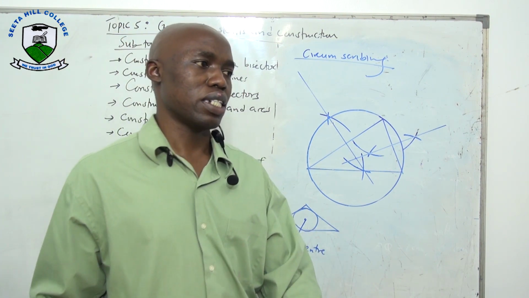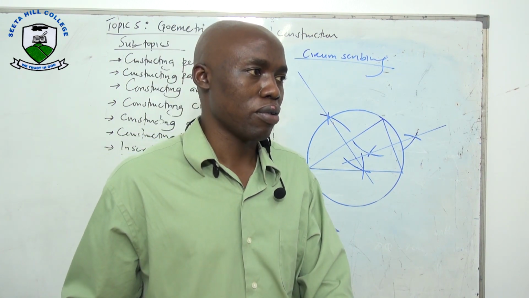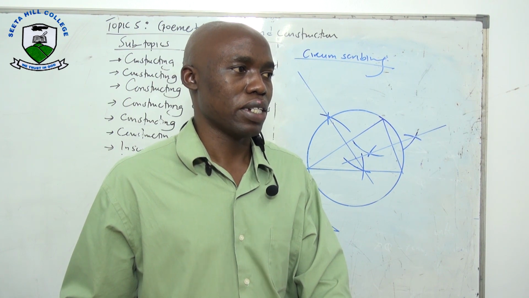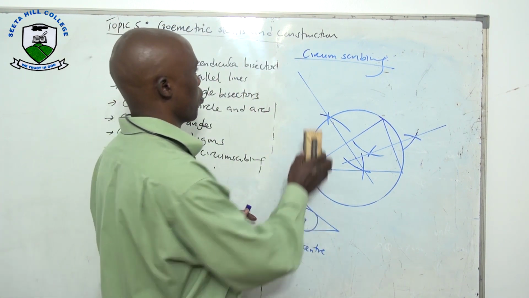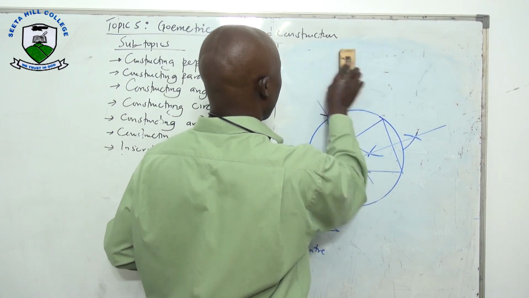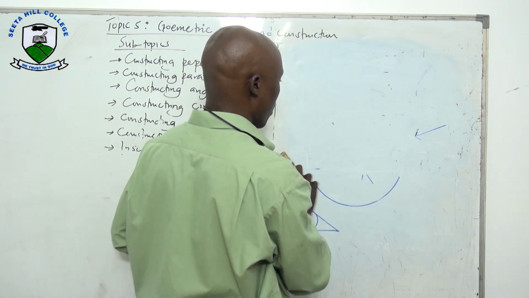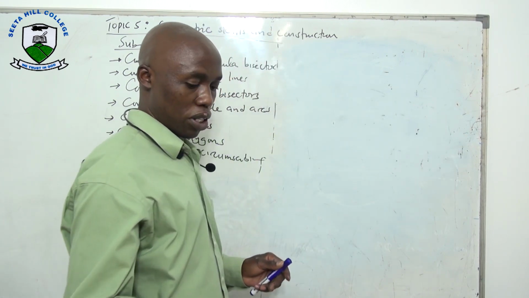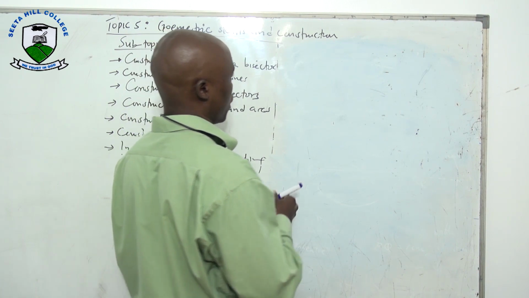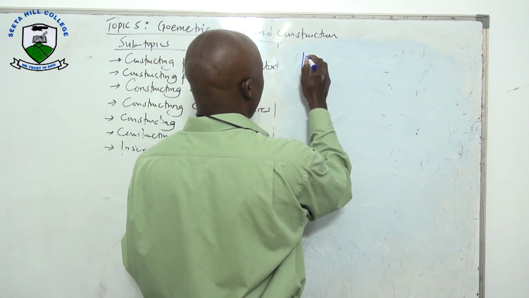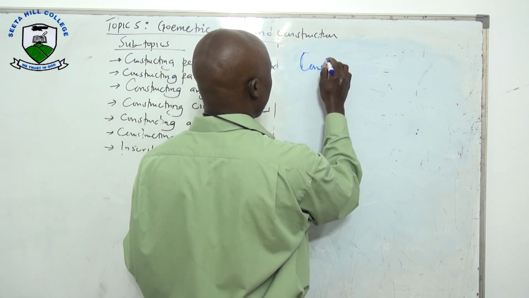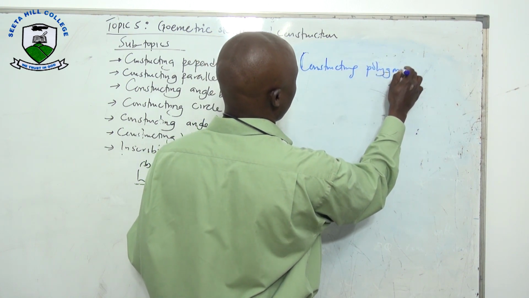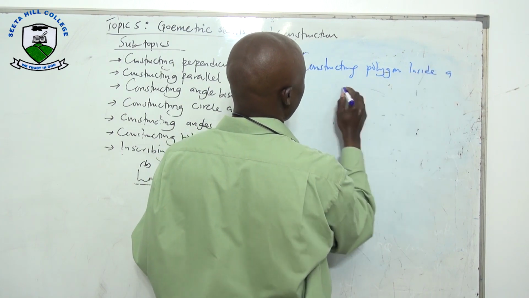Now we are still finishing up the skills of geometry with putting polygons inside the circle. You get that right? We can put a few, but not all. But the more skills you have, the more you put. Constructing polygons inside a circle.